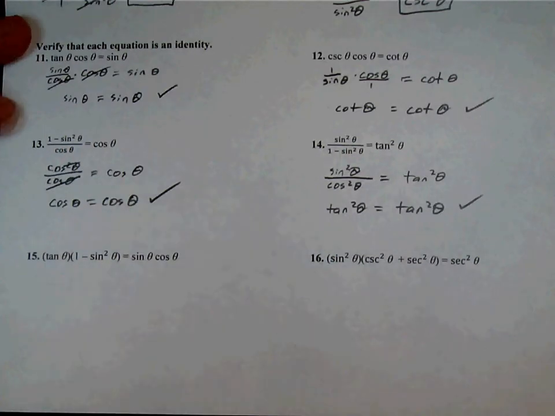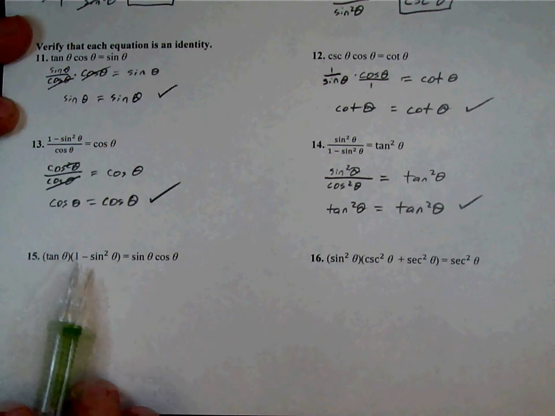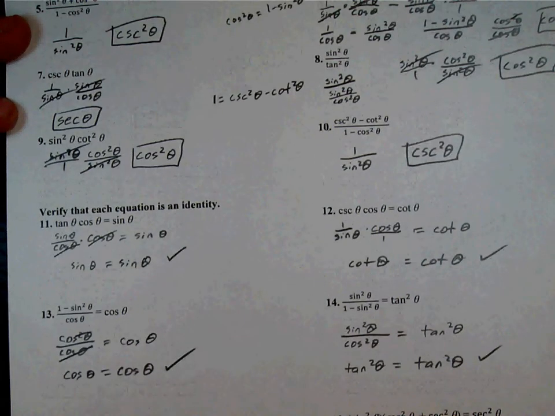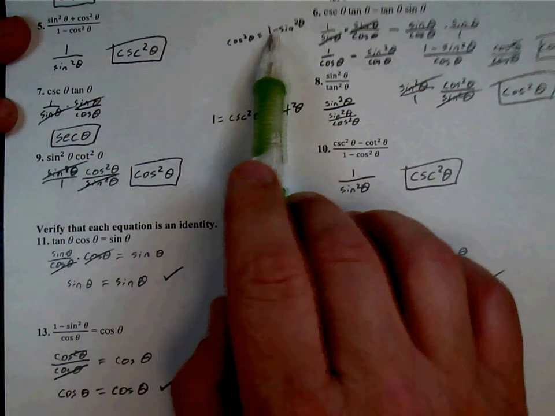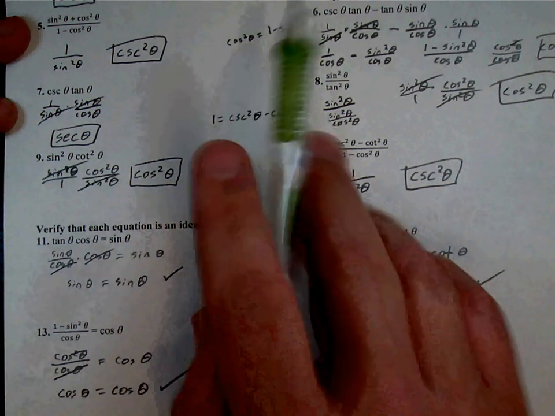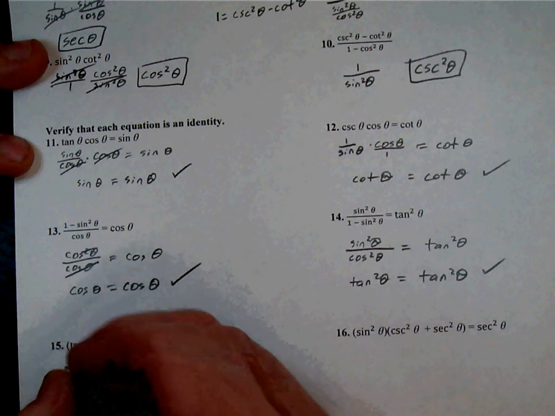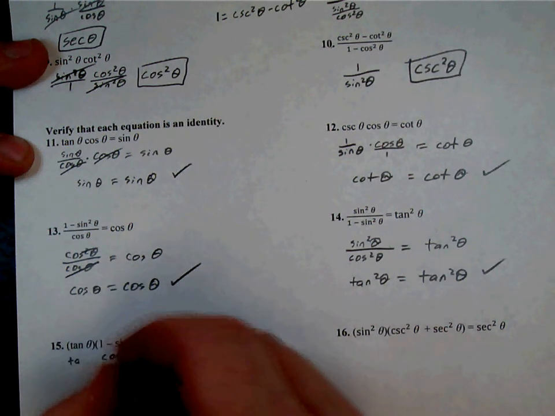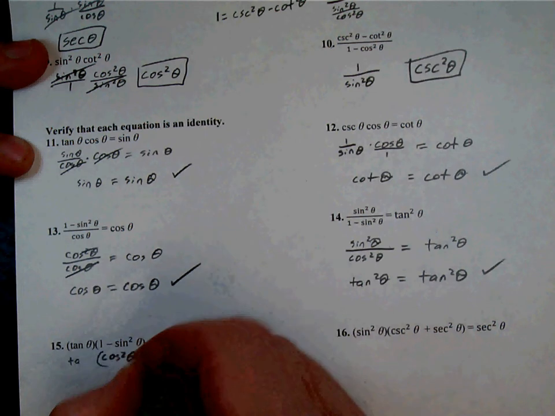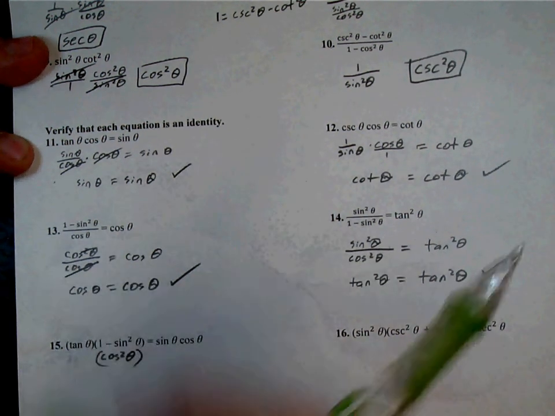Number 18, rather than distribute, I see I have a 1 minus sine squared. I keep using that. That's like the third problem in a row. And we discovered that 1 minus sine squared is equal to cosine squared. So I can replace that. I'm going to replace tangent with sine over cosine as well.